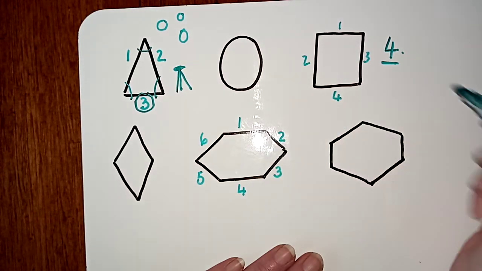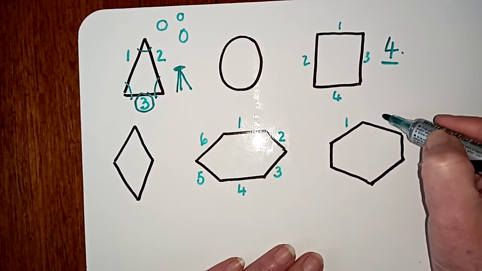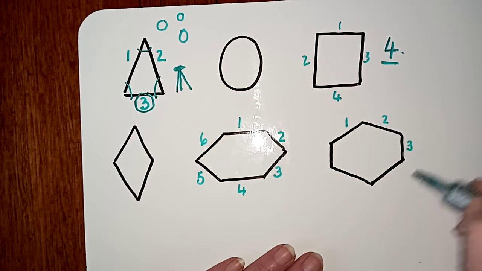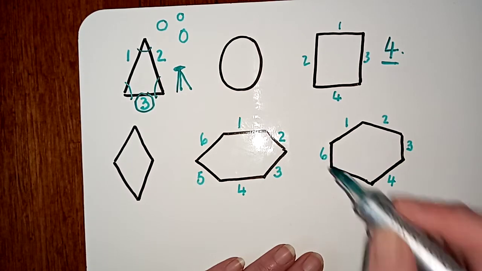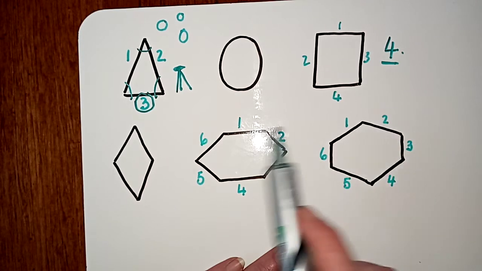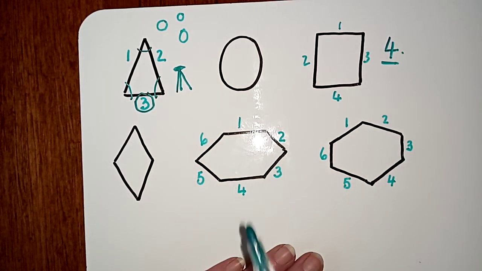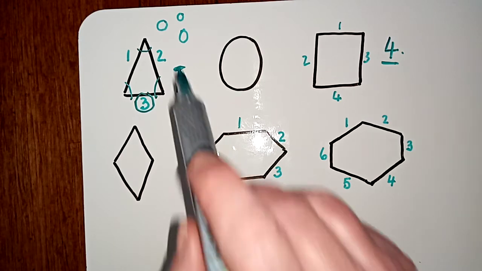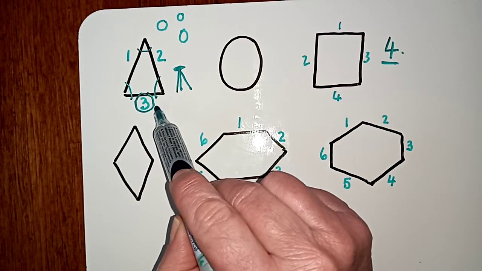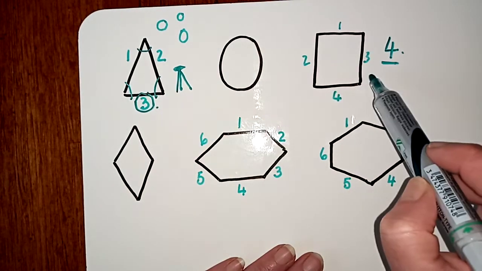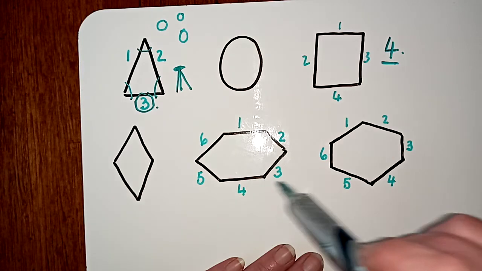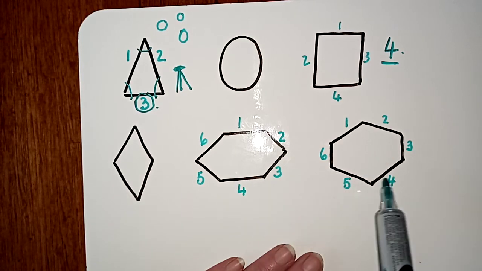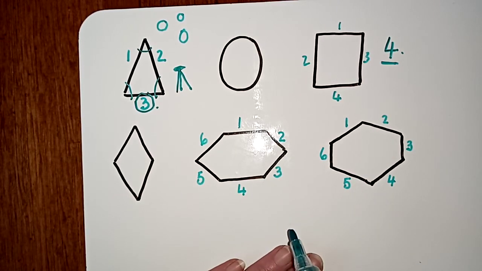Looks different to this one, but let's count. 1, 2, 3, 4, 5, and 6. So a 6-sided shape is called a hexagon. So tri is 3, quad is 4, hex is six-sided shape.